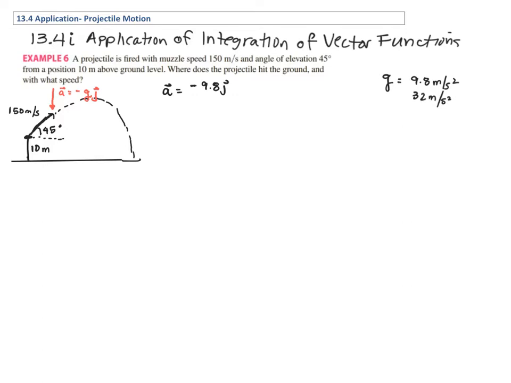If we integrate that, we get the velocity vector. So velocity equals the integral of acceleration. So that's going to be negative 9.8 t times j plus a constant of integration. I'll just call it c for right now. Now to find that constant of integration, we use some sort of initial conditions.